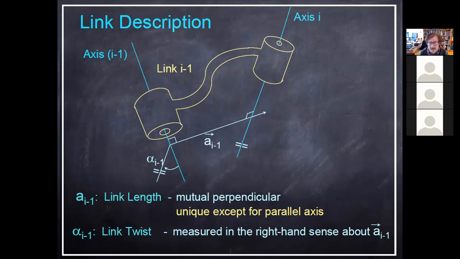Therefore, length is always fixed, whether the axes are parallel or not. If they are parallel, there will be infinitely many normals, but there will be only one length.